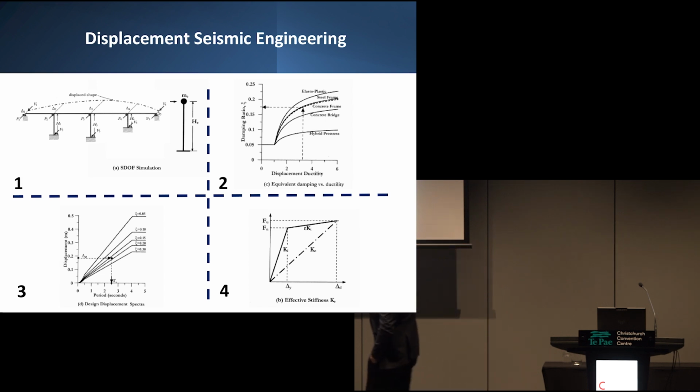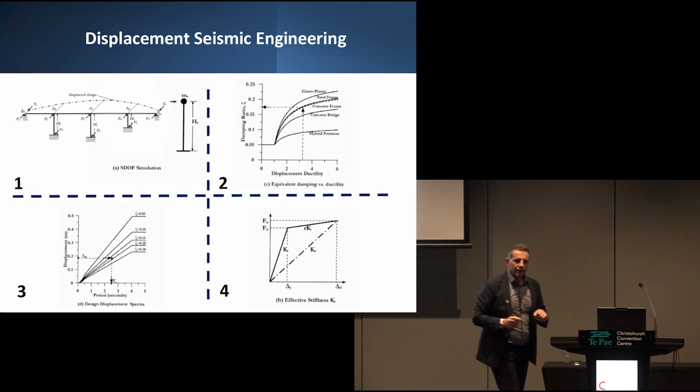We'll go into elastic spectrum, which are adapted with the equivalent viscous damping. If, for example, we have 20%, we enter the 20% with the displacement that we define with the design, and we get the secant period. We can calculate the secant stiffness, which will give us the force at the target displacement that will be adopted.